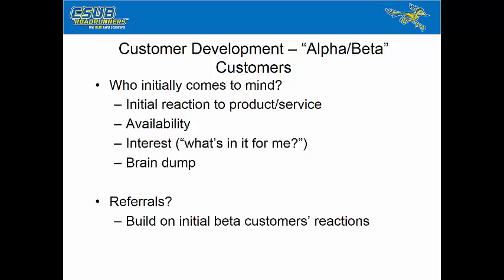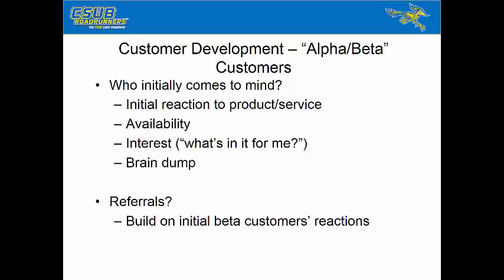And then it's important to get an idea of people's availability. You don't need the same thing for all customers, but if you have people who really are available to give you in-depth feedback, those are really valuable to have.